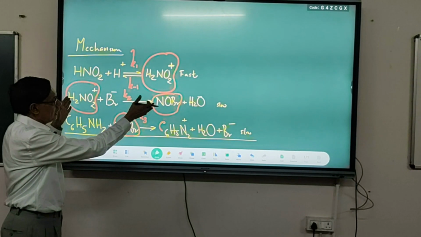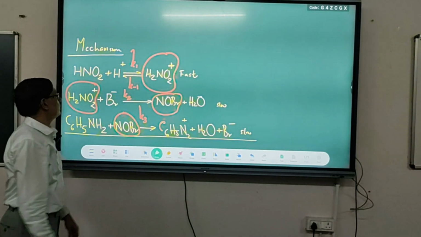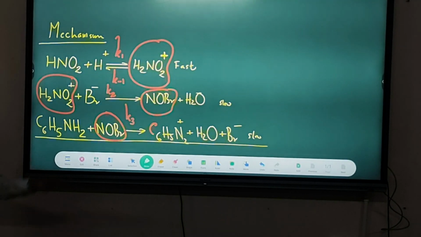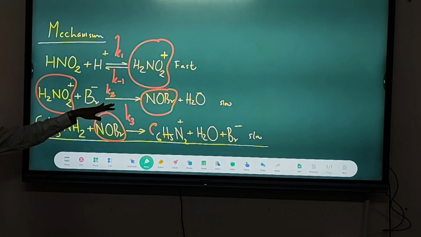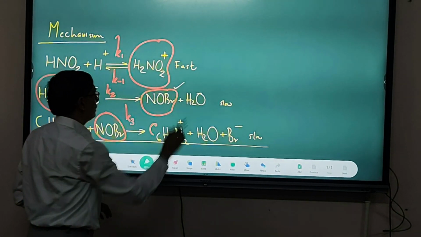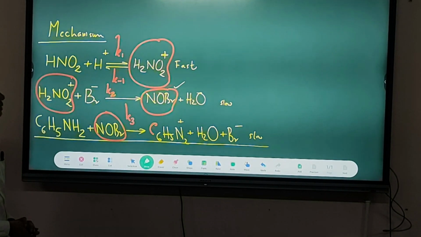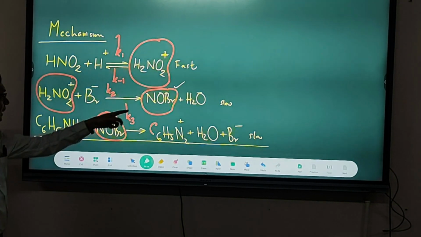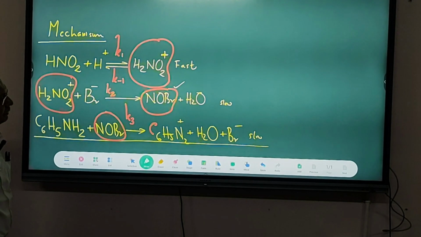Now if I want to monitor step number 2 and it is the rate determining step, yes, it is also a slow step and you can consider it the rate determining step, but the problem is that here NOBr is produced, but in the next case NOBr is consumed.